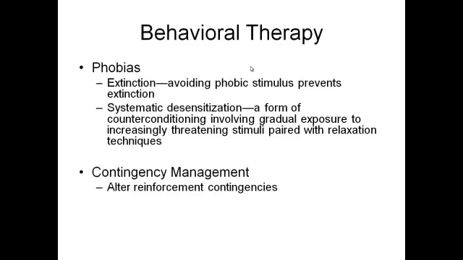So he's pairing the relaxation with the stimulus that scares him, and eventually the client will become relaxed in response to these things that caused fear before. But again, you've got to take a gradual approach, a hierarchy, so to speak, going from low-level anxiety to higher-level anxiety.